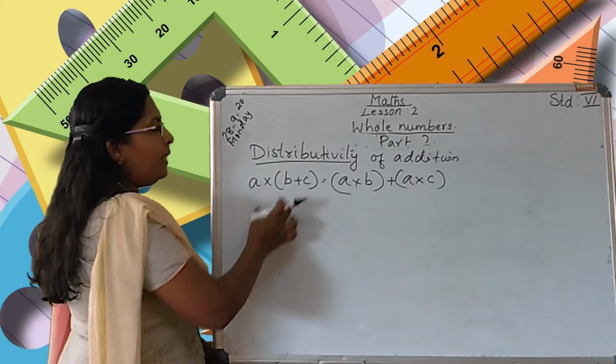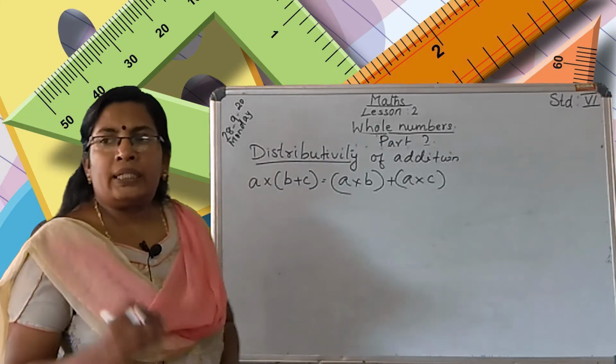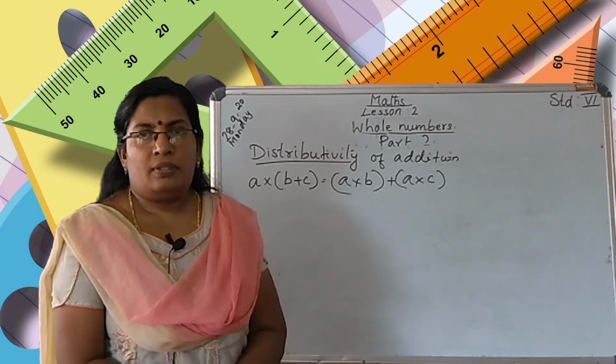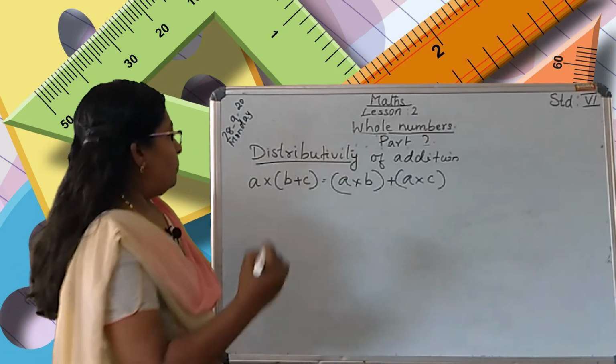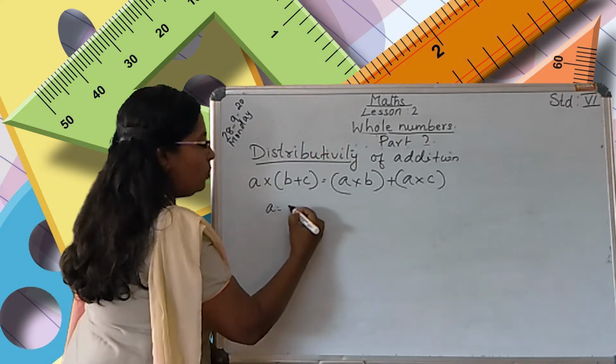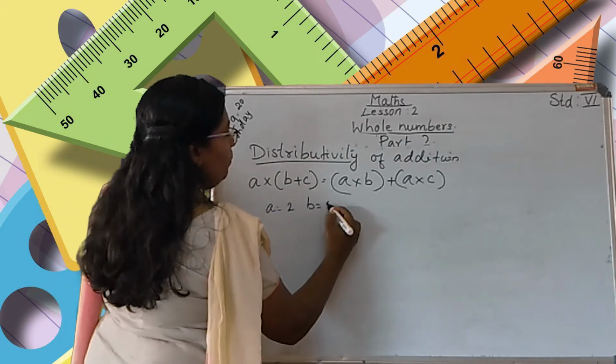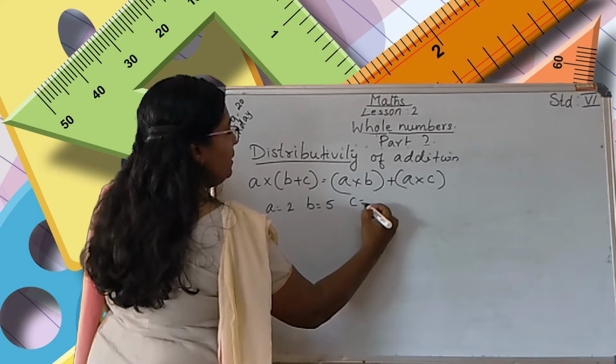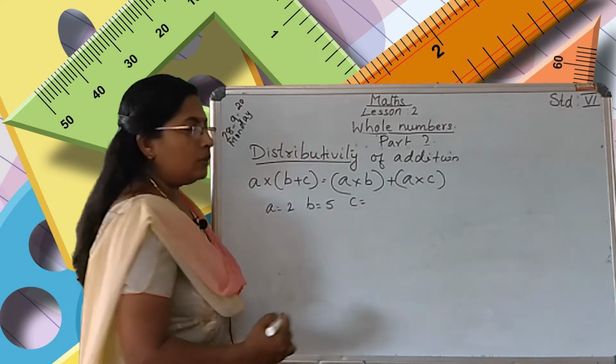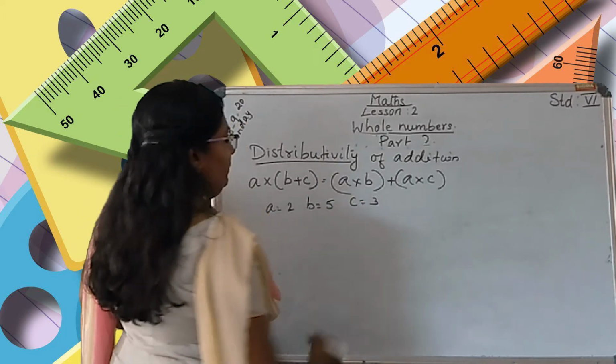Here we want to take how many numbers? 3 different numbers. So, take A is 2, B is 5, C is 3.